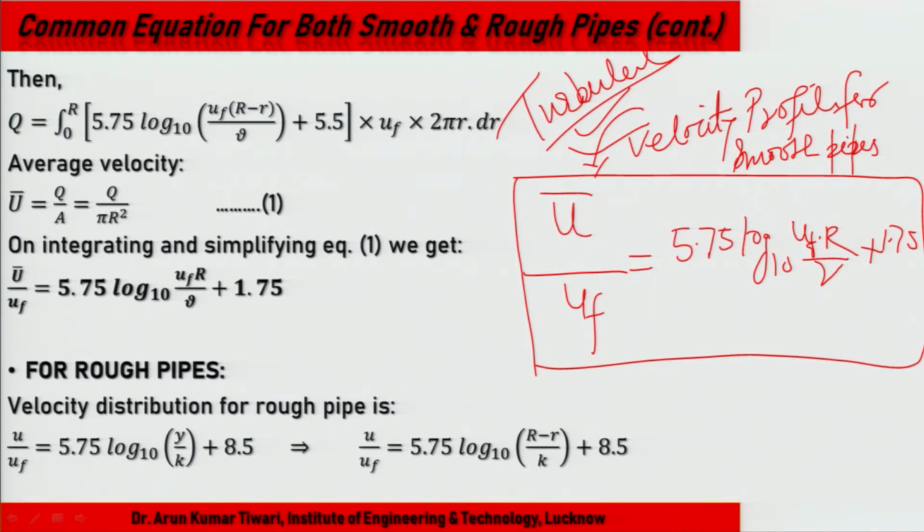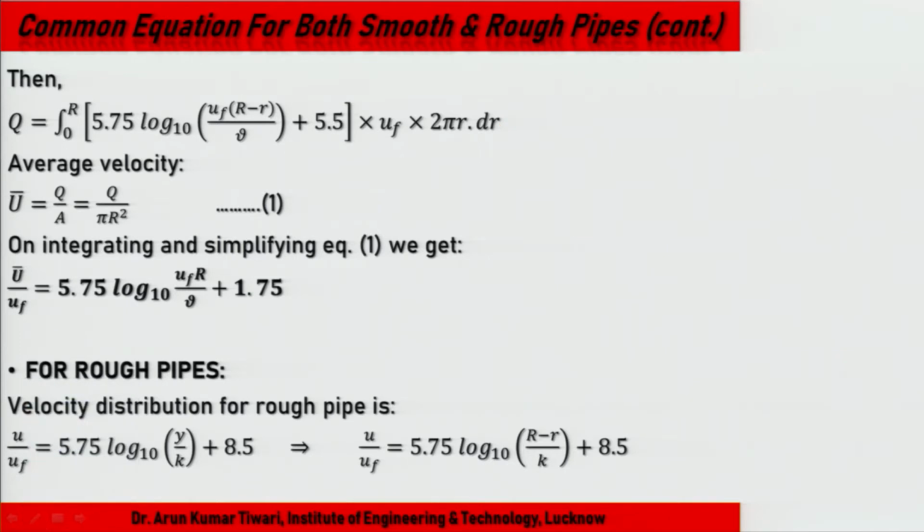What about the rough pipe? We already have the velocity distribution of the rough pipe: U upon u f equals 5.75 log base 10 of y upon k plus 8.5.